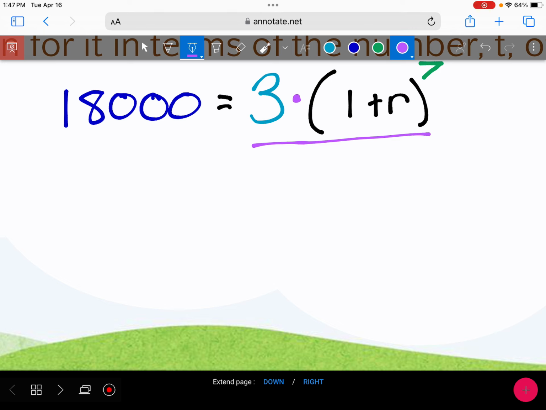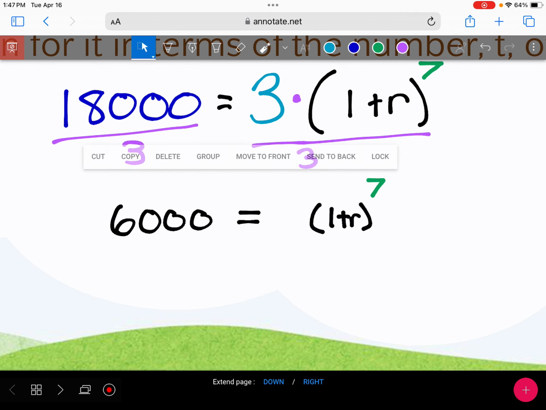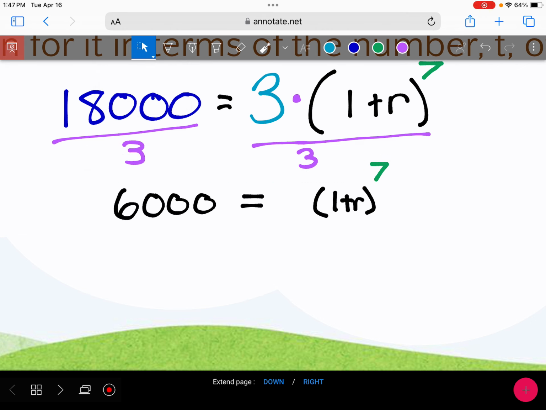So if I divide both sides by 3, that's going to give us 18,000 divided by 3 is 6,000 equals this little base piece. So we've got our 1 plus r to the 7th. I'm going to move this up a smidge. There we go.